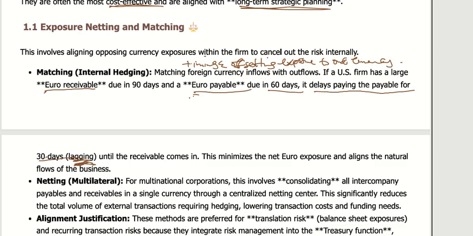You want to lag it so that you match the time that you're getting your receivable. This definitely will reduce your exposure to that exchange rate. I think this is very, very profound.